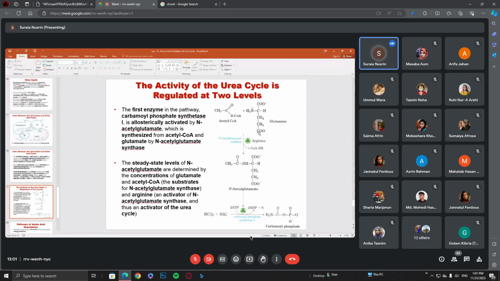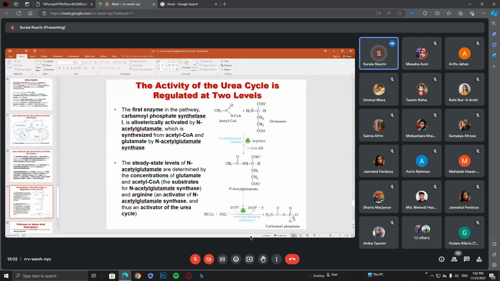Again, we can see arginine, which is also an activator of N-acetyl glutamate synthase. So together, N-acetyl glutamate as well as arginine are the activators of the urea cycle.